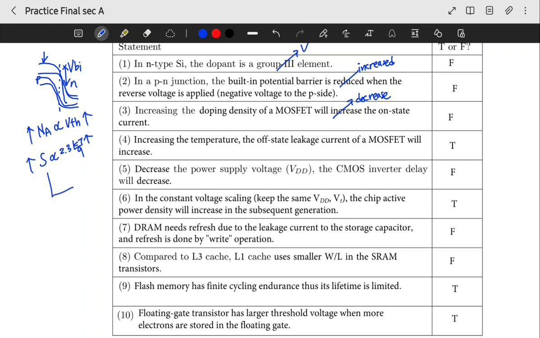If you recall exam 2, we had a question related to this. Let's say we have some temperature T1. As we increase the temperature, it looks something like this, T2, where T2 is greater than T1. So at the off state, we increase the leakage current as we increase the temperature. So number 4 is true.